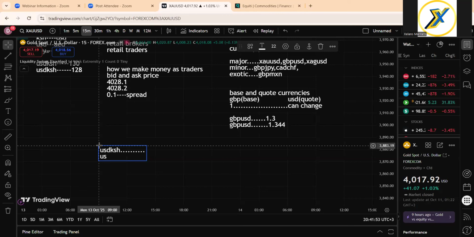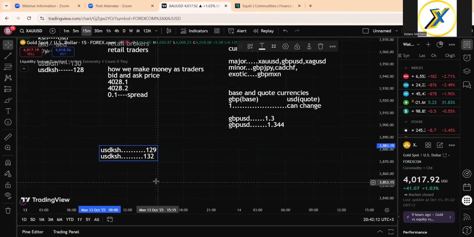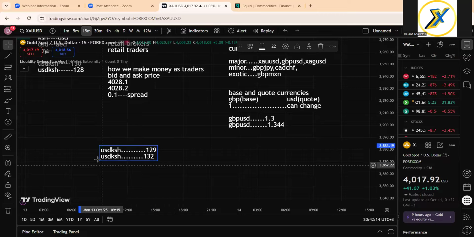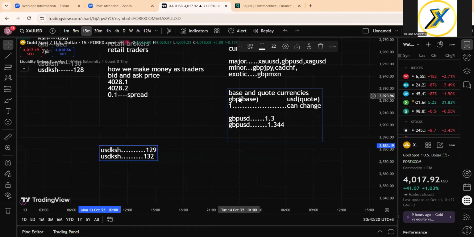So when you go to the Forex market, you see something like USD KSH, and then you see something like 129, then you see something like 132, and so on and so forth. So what does it mean? It means $1 US, which is the base, is equal to 129 shillings. Then after some time, you might see $1 US is equal to 132 shillings. So this is the base, this is the quote currency.